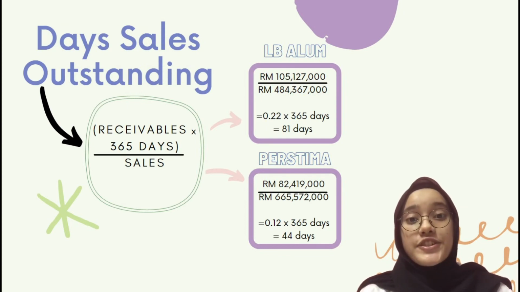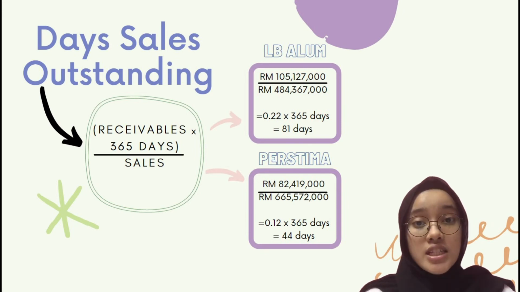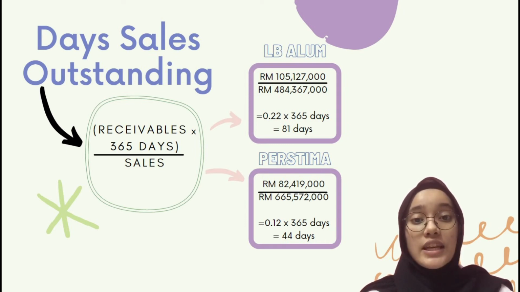Okay, so for the days sales outstanding ratio, we need two figures, which are the account receivable figure and also the sales figure. For LB Aluminium Berhad, the account receivable figure is 105,127,000 ringgit, while the sales is 484,367,000 ringgit.